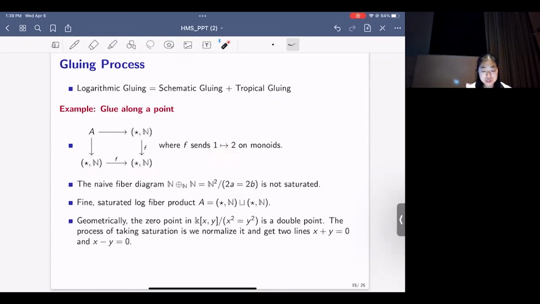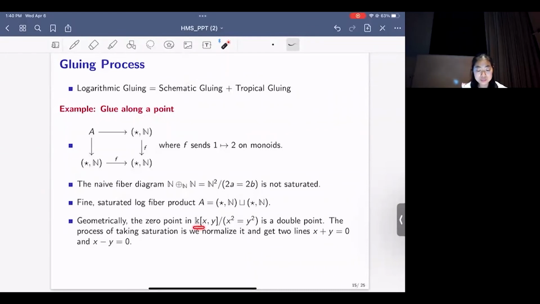And the naive fiber diagram that we take for the log structure is N squared mod 2a equals 2b, which is not a saturated monoid, and taking the saturation amounts to requiring this component to separate into two components. Geometrically, we can view it as embedding this log point inside a curve, inside A1, and we take the fiber product of A1 with two maps, T maps to T squared.